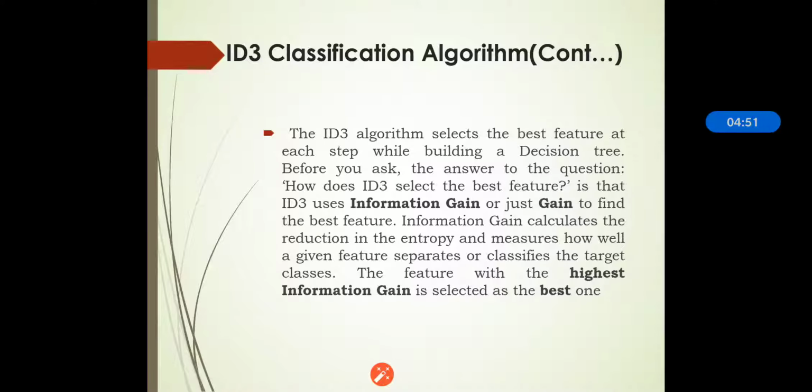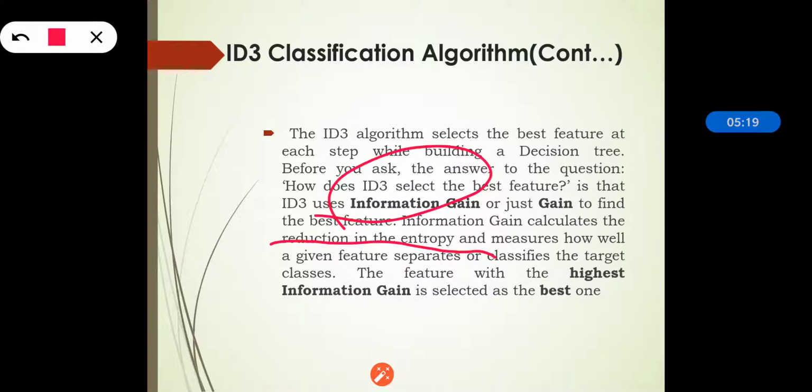Before you ask how ID3 selects the best feature, because many times I am saying that it selects the best feature, it uses the information gain. It is very necessary. Information gain measures the expected reduction in entropy. It calculates the reduction in entropy and measures how well the given feature separates or classifies the target classes.